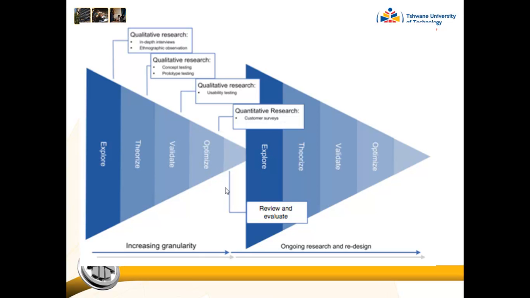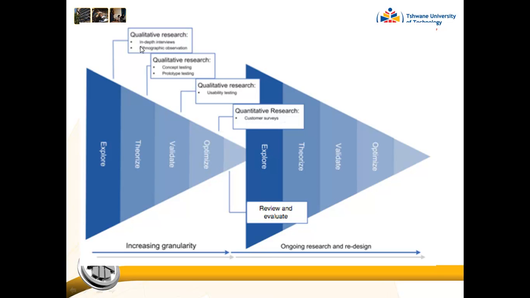All right, so normally what we do is we explore using qualitative research. We then theorize using qualitative research. We validate using qualitative research. And then once we have a validated answer, we go over to quantitative research, where we, for example, have customer surveys.